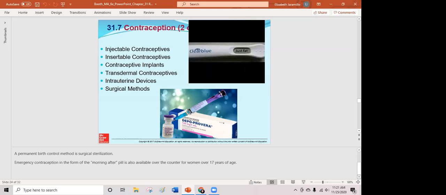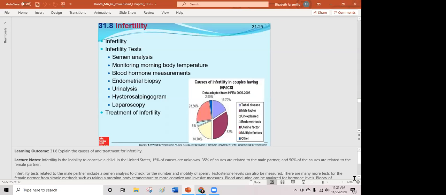We also now have emergency contraception in the form of the morning after pill, which is also available over the counter for women over 17 years of age. Okay, so that is available, but most of these don't protect from sexually transmitted diseases either.